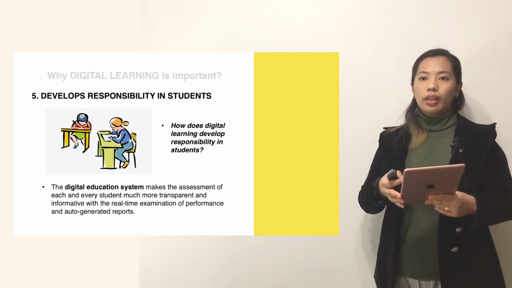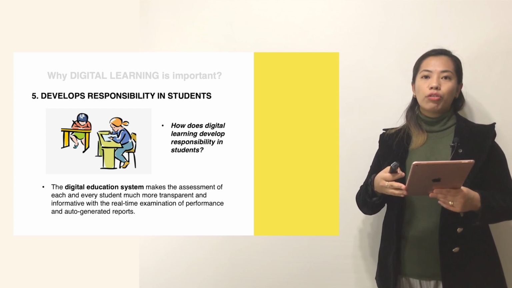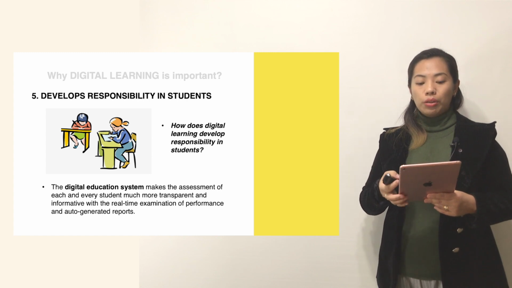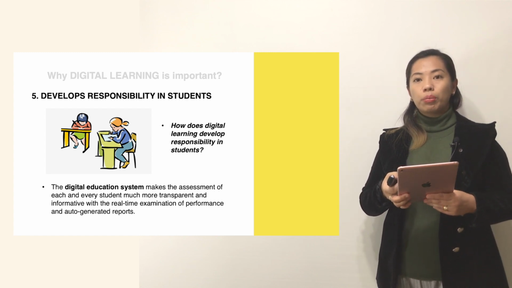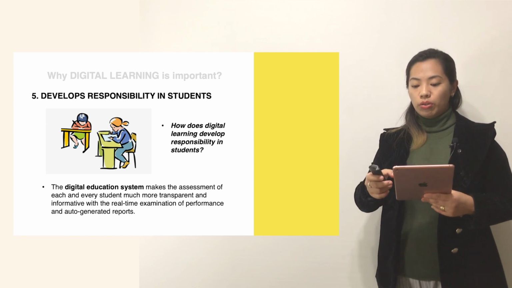Eventually, they can get the finest researching topic and get useful information by browsing through a lot of information online. So if they do this kind of thing on their own, it can also develop responsibility in the students, right?